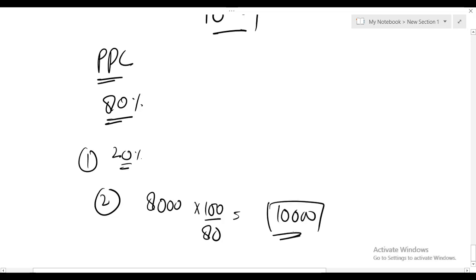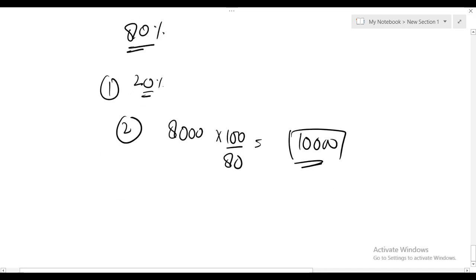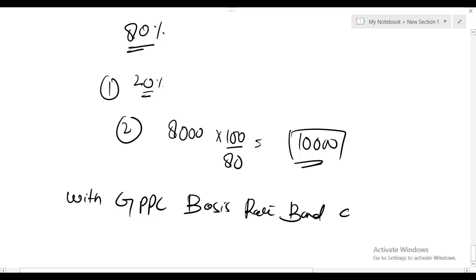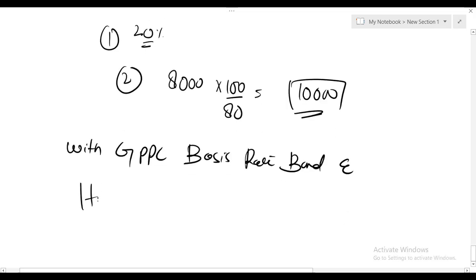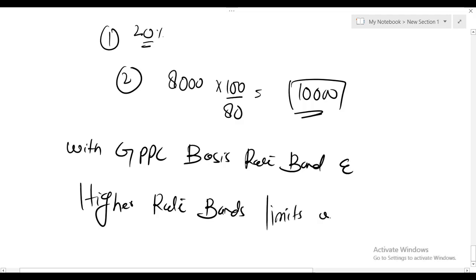With this gross PPC, your basic rate band and higher rate band limits will increase. So actually, what are the benefits?